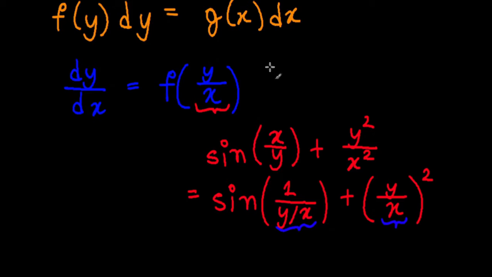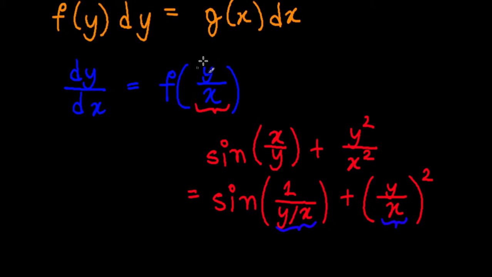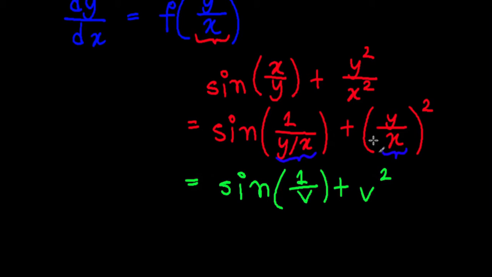Another way you could think about it is, suppose you say that some variable v is equal to y by x. If that's the case, we can just express our function in terms of v. Wherever we see y by x, we're going to replace that with a v. So sine of 1 by v plus y by x, again that's v, and you have a squared there.